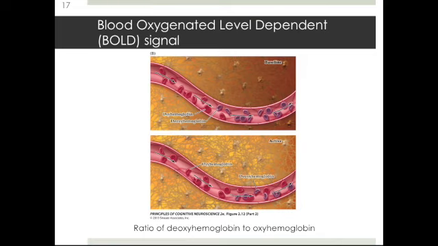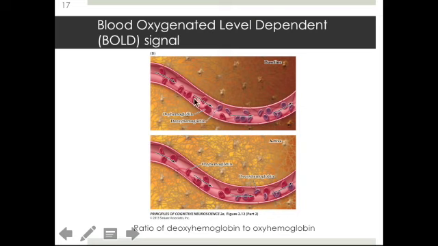The idea is that when cells fire, as I said, cells love to use oxygen and glucose. And so when neurons fire, they are subserved by an increase in oxygen. That increase in oxygen is carried to the neurons via the bloodstream, right?